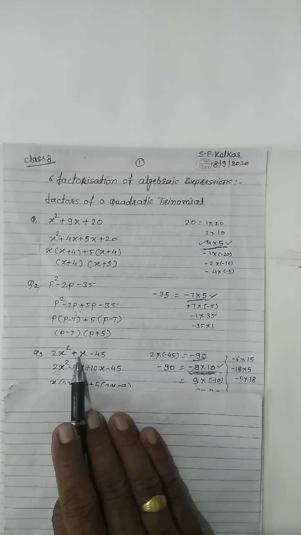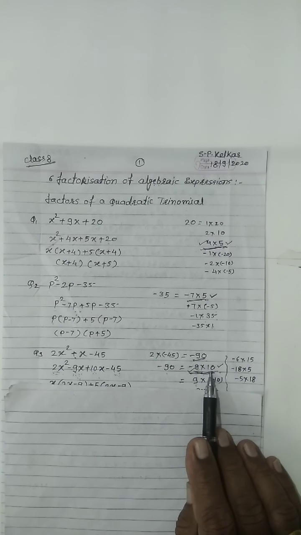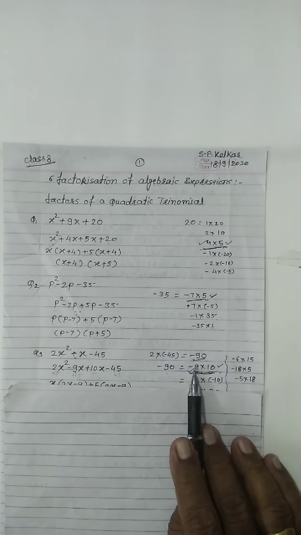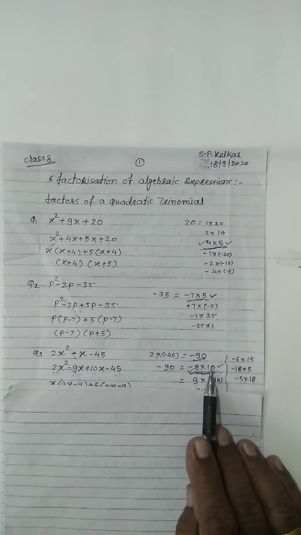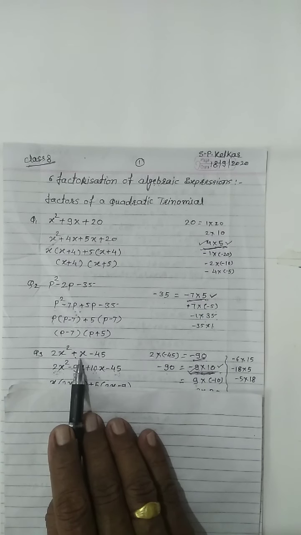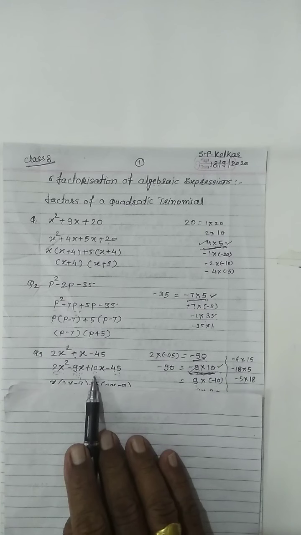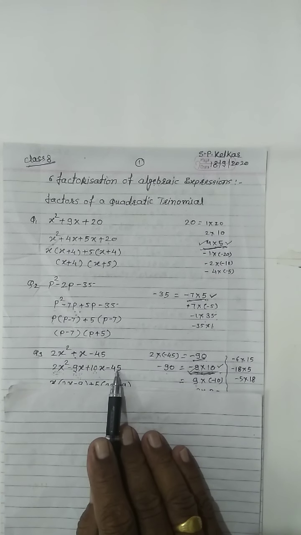See, the middle term has a positive coefficient, so take the positive sign for the greater factor 10 and a minus sign for the smaller factor of this pair. Then write down 2x square as it is, the first term as it is, then split up the middle term into minus 9x plus 10x, and minus 45 as it is.